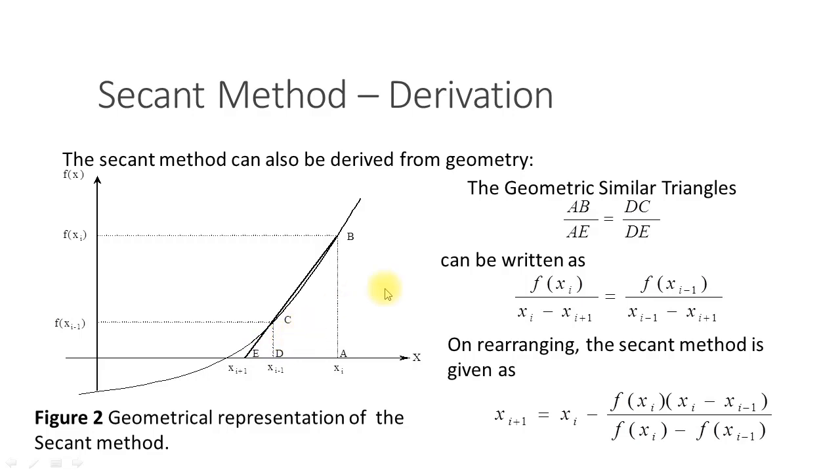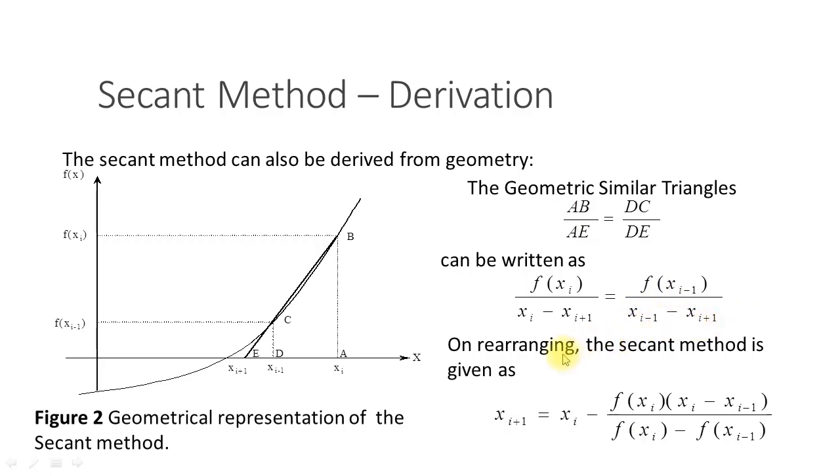So the geometric similar triangles give us AB divided by AE is equal to DC divided by DE, and this can be written as f of xi divided by xi minus xi plus 1 is equal to f of xi minus 1 divided by xi minus 1 minus xi plus 1.